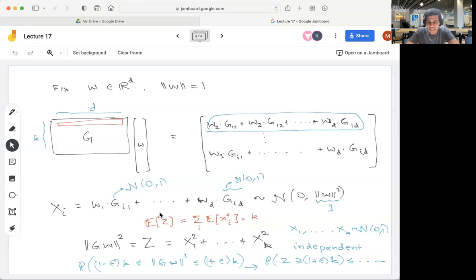So expectation of Z is k, and we're just asking the question, what is the chance that Z is bigger than 1 plus epsilon times its expectation or smaller than 1 minus epsilon times its expectation? Which is a question we have studied before in Chernoff-Hoeffding kind of bounds. And so we already guessed earlier that we'll probably get this log by Chernoff-Hoeffding kind of calculations. And this is sort of writing the question explicitly in that form. Any questions before we continue?